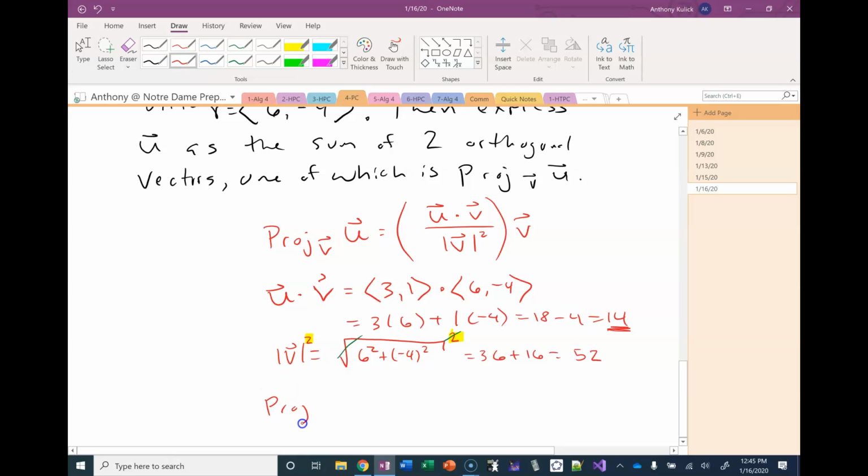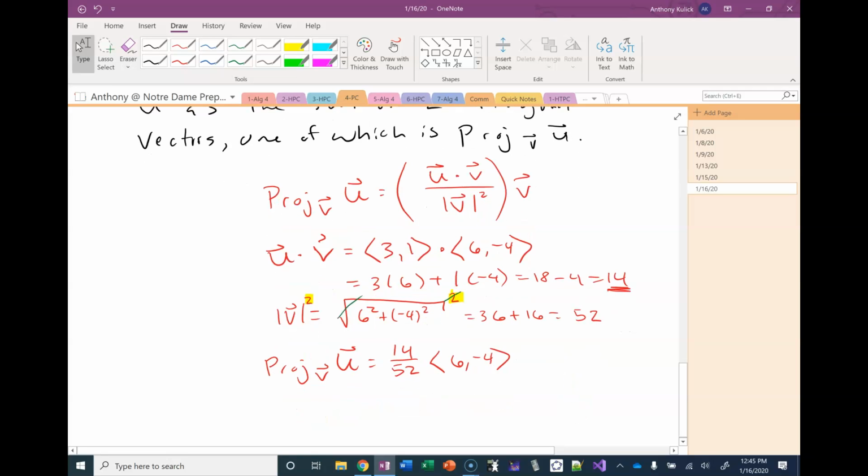So my projection then is going to be 14 over 52 times the vector 6, negative 4. So let's see. I first noticed that 14 and 52 can reduce. Both of them are divisible by 2. So I can think about that as 7 over 26, right?